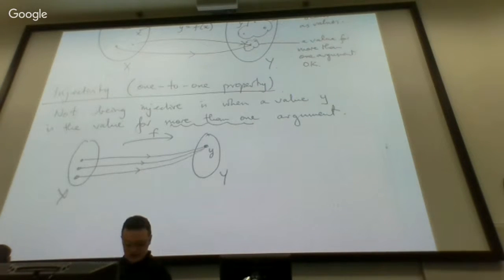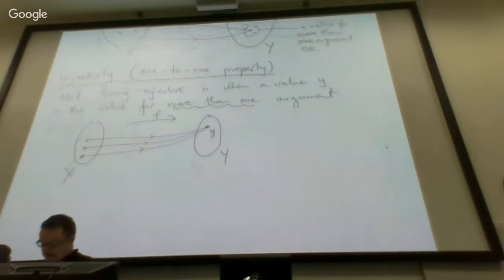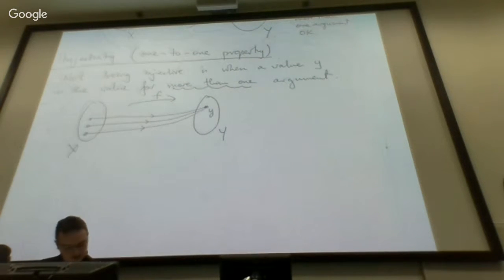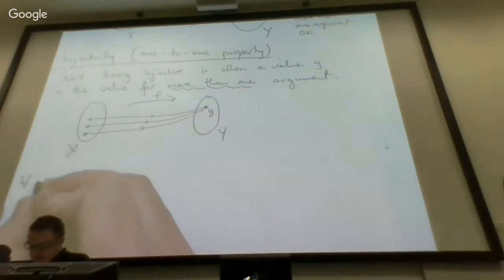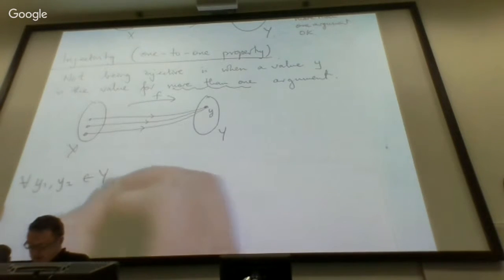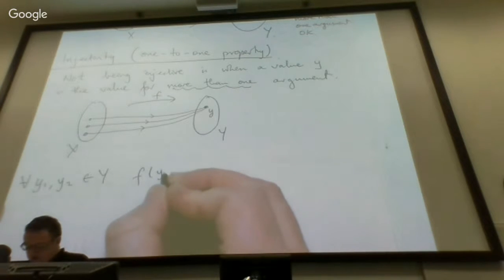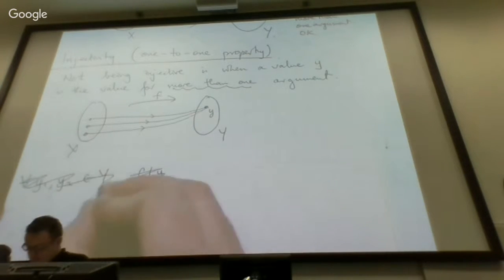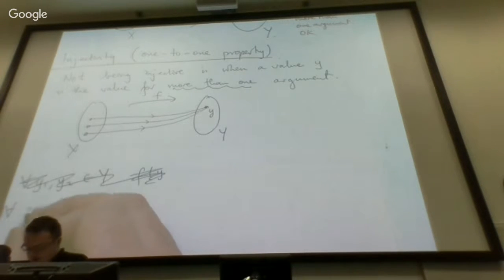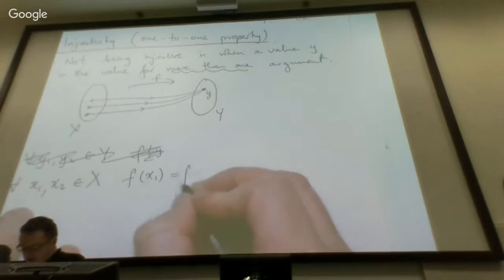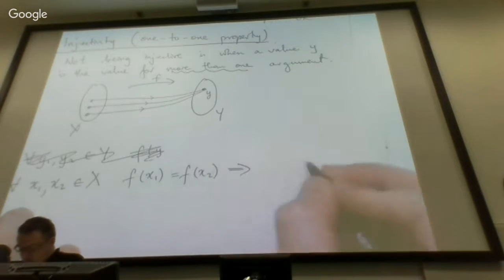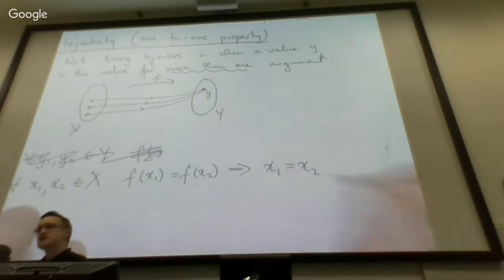So another way that it's typically represented, and this is more logical, well, it's written there in the notes, but for this x and y here, this would say that for every pair of elements in the domain, for every x1 and x2 in the domain, if it's the case that f of x1 is equal to f of x2, that must imply that x1 and x2 aren't really two different elements.